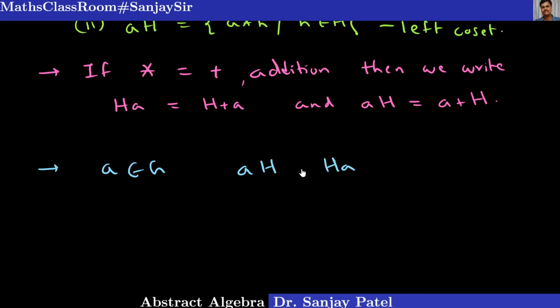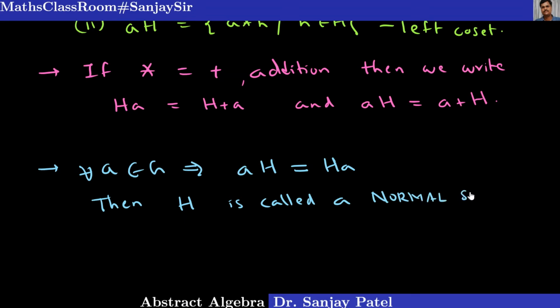Okay, if they are equal for every A belongs to G, then we know that H is called a normal subgroup of the group G. So it is our definition of a normal subgroup, that if H is a subgroup of a group G, and every left coset is equal to right coset, then the subgroup is said to be a normal subgroup.